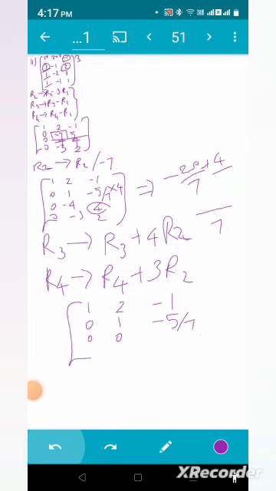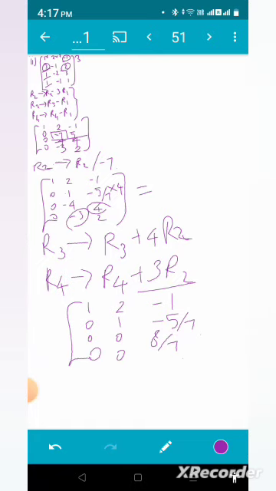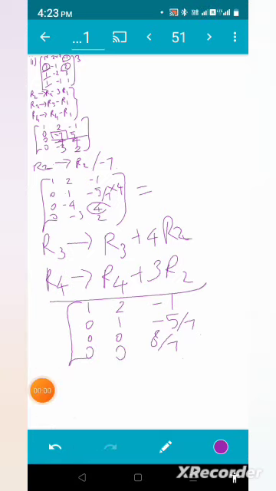That is minus 8 by 7, sorry, plus 8 by 7 here. Then this is also 0, this is also 0, because we can add it with plus 3. So 0 here, 0 here. So the R4 row is also R4 plus 3 R2.